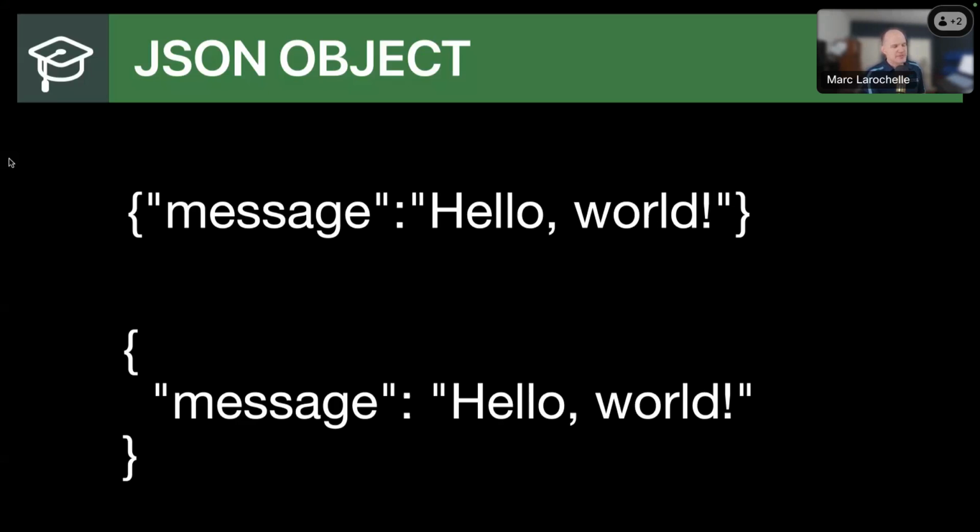So it's very forgiving in that way. You can put carriage returns and spaces and format it however you want outside the string and outside the key. So that's what makes it flexible. You can't do that sort of thing with other formats. So that's a JSON object.